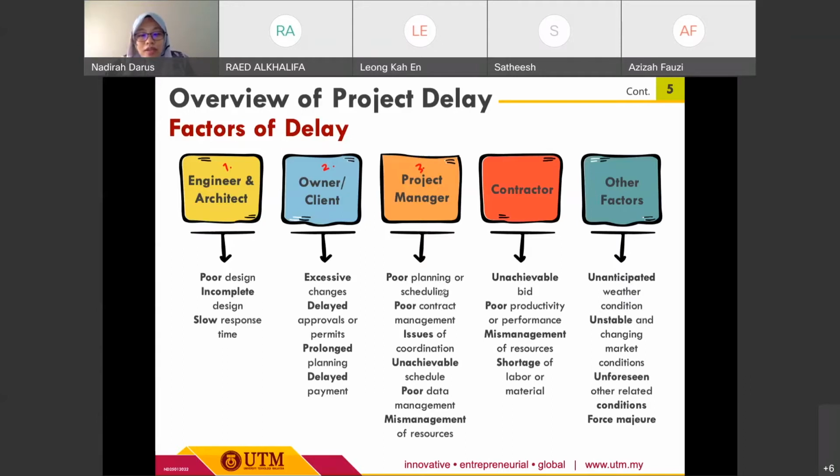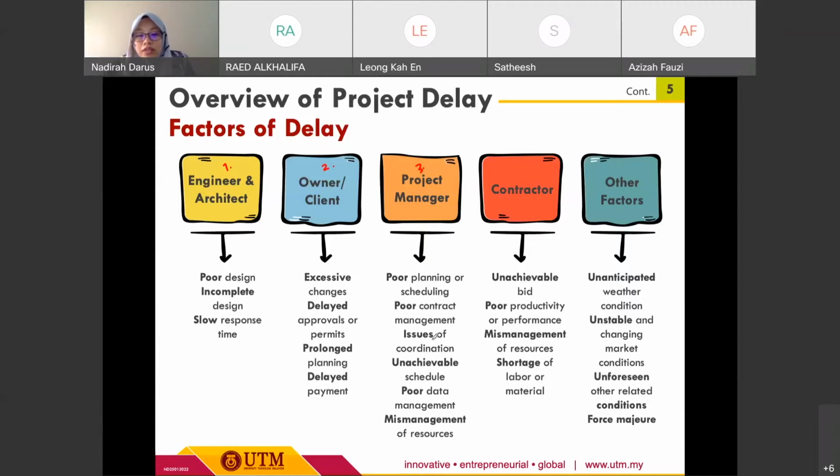So that's why we need to have proper planning and scheduling for the project so that we can have a better schedule, and also use it as the main reference for the project progress. Okay, poor contract management will be another factor or reason for delays, and in terms of the issues of coordination.